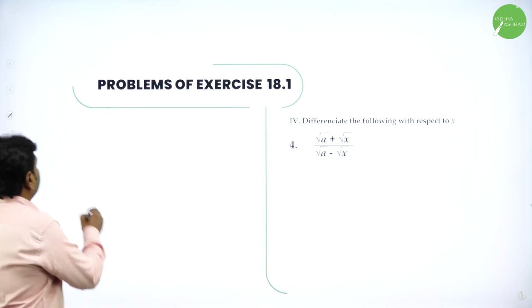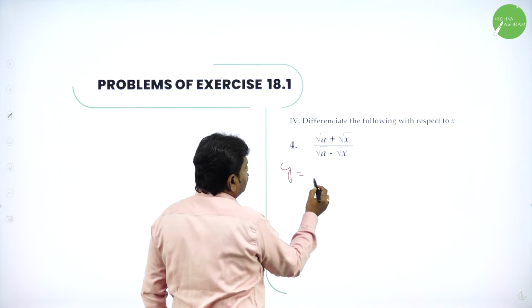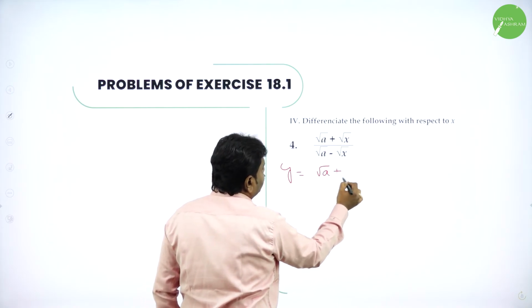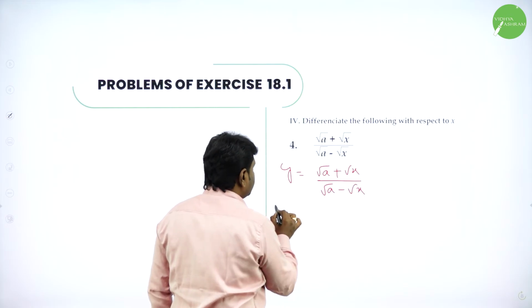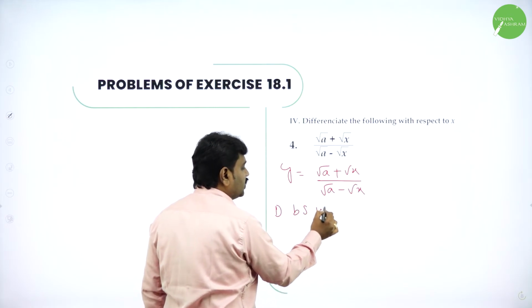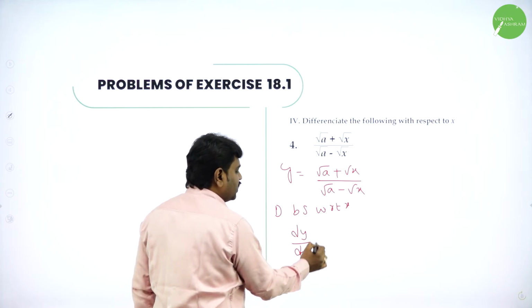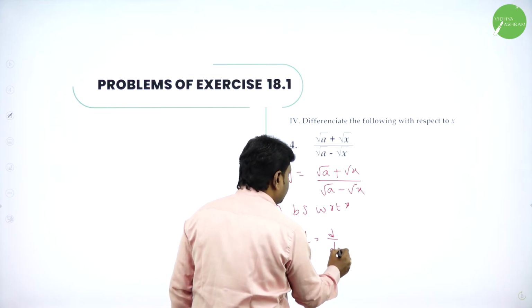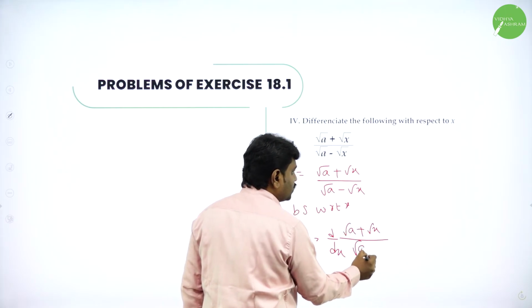So take the given problem, y is equal to what is given? Y is equal to root a plus root x divided by root a minus root x. Differentiate both sides with respect to what? X. LHS becomes what? dy by dx. RHS becomes d by dx of root a plus root x by root a minus root x.